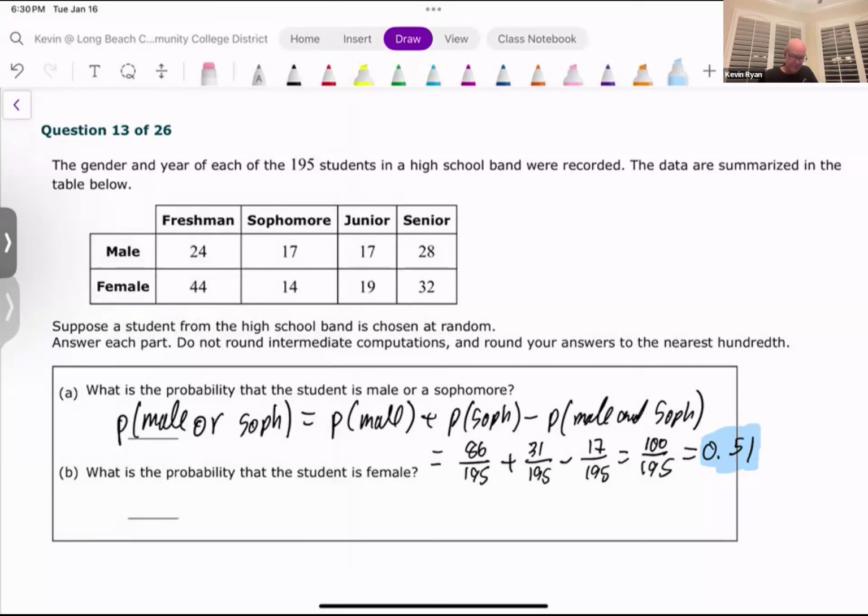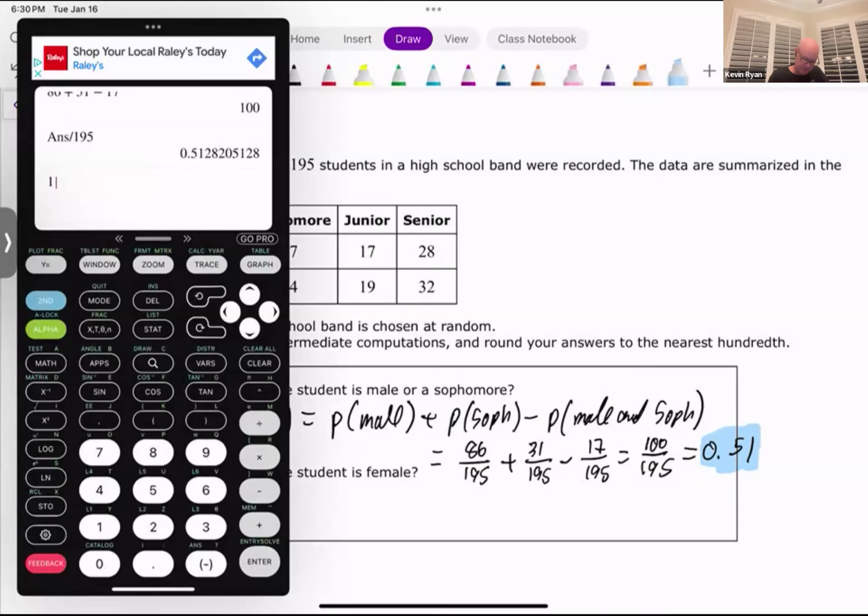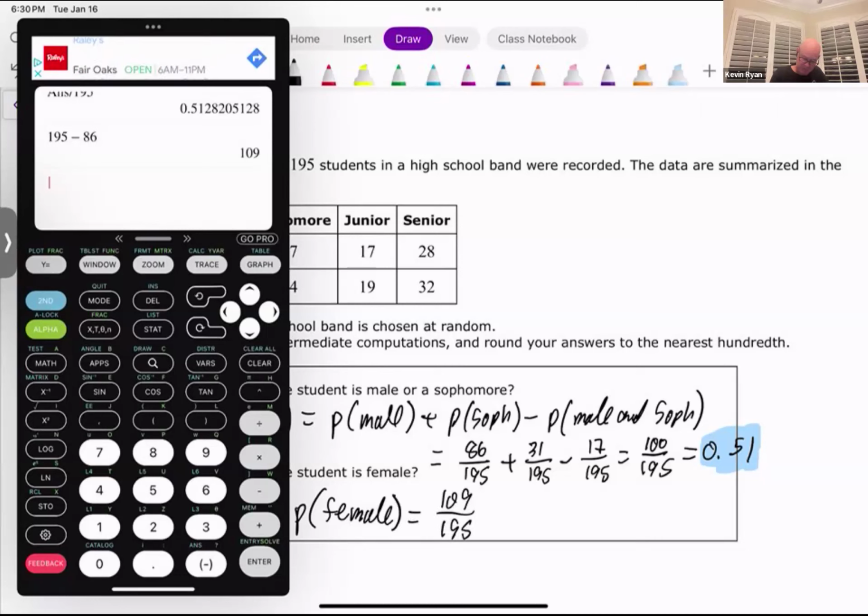What is the probability that she is female? Well, 86 are male, so I'm going to cheat a little bit. 195 minus 86. So this is going to be the probability. This is going to be 109 out of the 195.